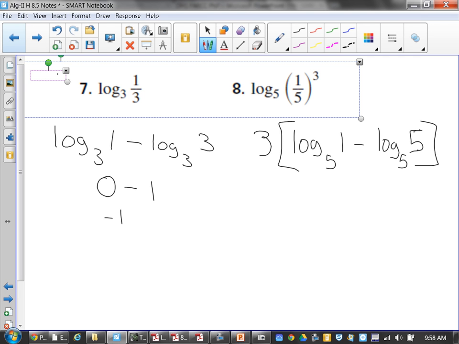What's log base 5 of 1? 0. What's log base 5 of 5? 1. So I have 3 times negative 1. Isn't that what this is if you rewrite it? Yes, sir. There's no point if we just skip all these steps. I'm showing how it works.